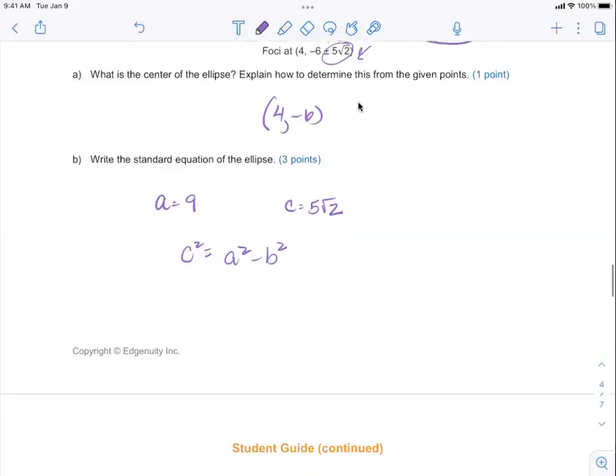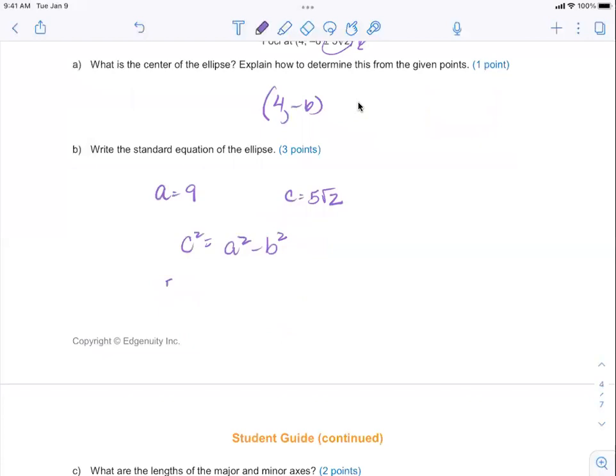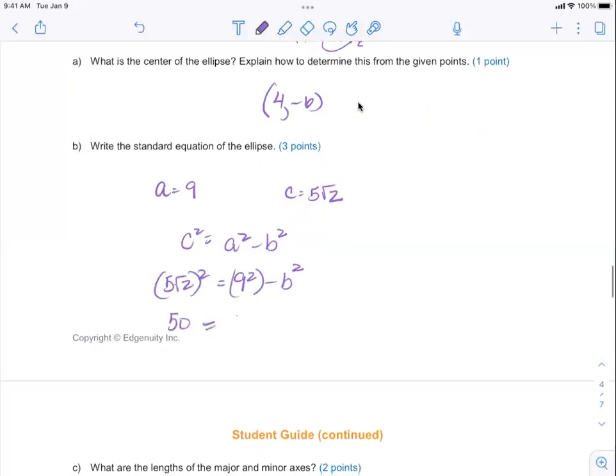So we're going to put in some of that information. 5√2 squared equals A squared, which is 9 squared, minus B squared. So 25 times 2, this becomes 50, equals 81 minus B squared. B squared is equal to 81 minus 50, which is 31. Had some incorrect math there in my head.